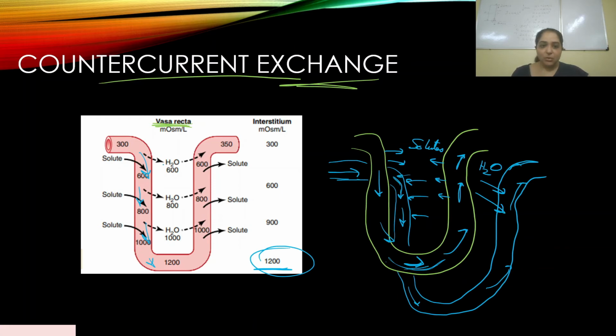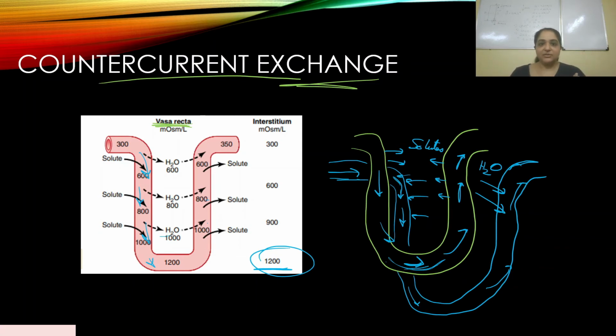But water also tends to move out, and the water is then being reabsorbed over here, and the solute moves out again. So it creates a similar osmolarity region in the vasa recta also, just like in the loop of Henle, just like in the interstitial medulla.